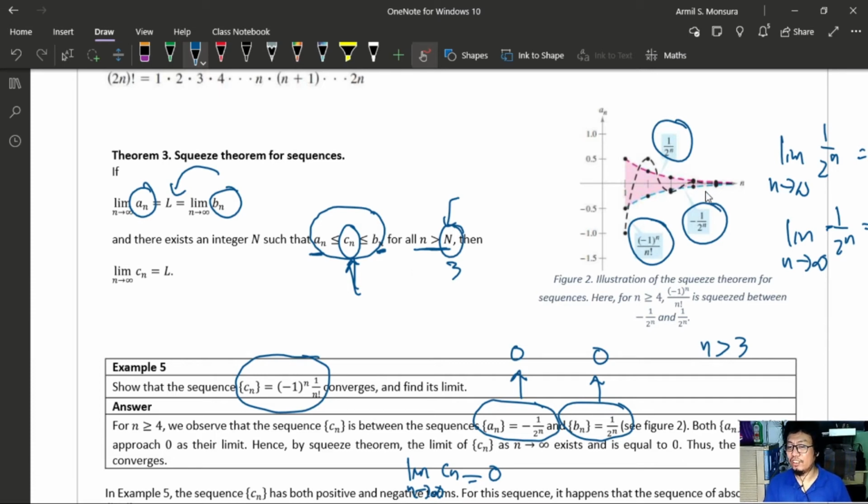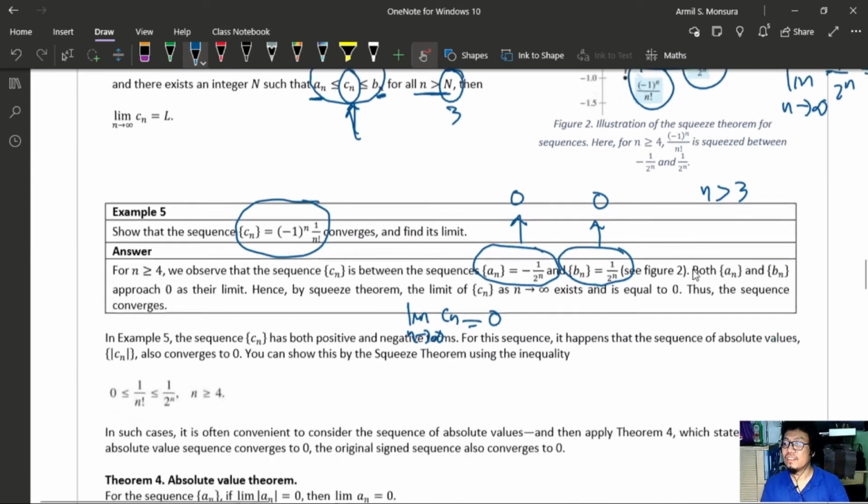The motivation for and the proof of that can actually be seen from this. Since both A and B approach the same limit 0, and the terms of C tend to be in between them, then obviously C would approach that same limit.